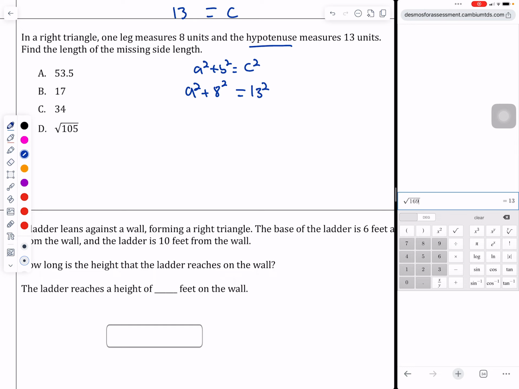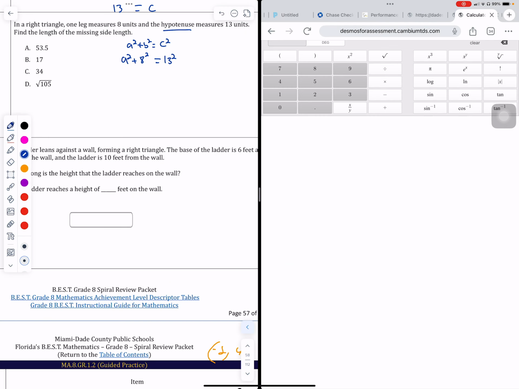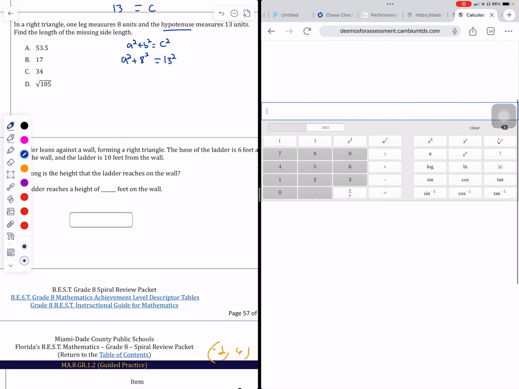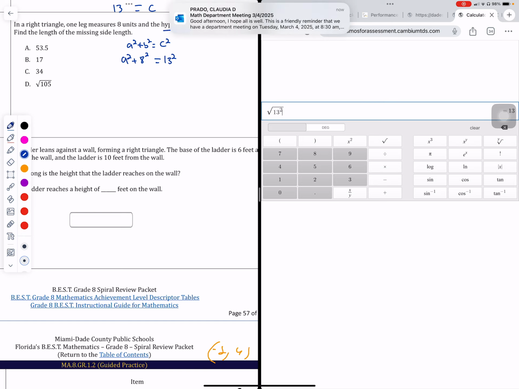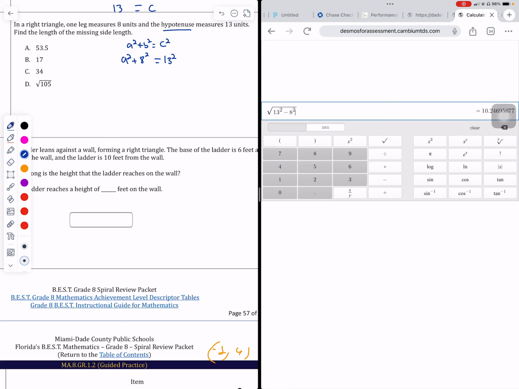With this one, I'm going to show you how I would solve this using the calculator. I always like to start with the square because I know I'm going to take the square root of everything. So I put 13 squared minus 8 to the second power. It's going to give you about 10 something.